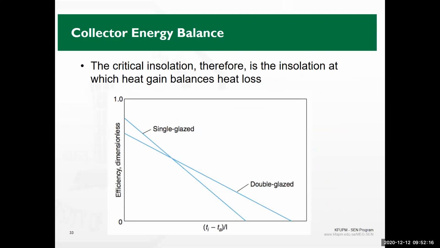This figure shows the efficiency of single glass versus double glazed collectors. Maybe in the next break, I'll try to find one of those sheets that have been given by an independent entity, and we use those sheets as proof of the performance of certain collectors.